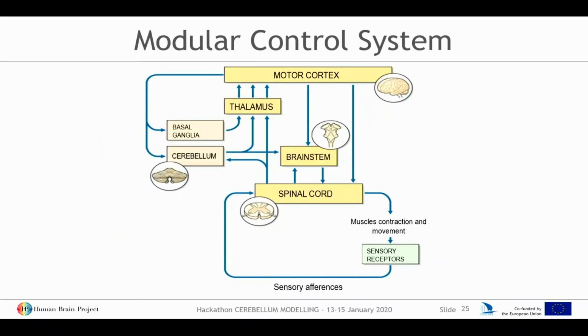So I conclude the first part on the different plasticities that we have, and I'm going back to this initial slide about the modular control system. So we have seen the different players that cooperate to generate a behavior.